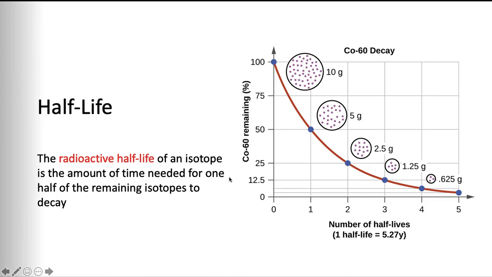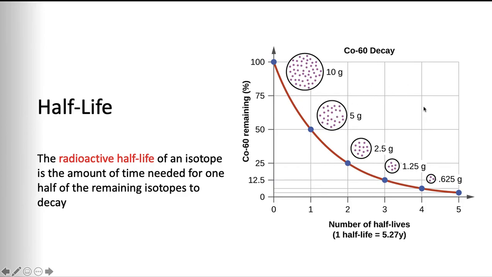So that is the time needed for half of the isotopes to decay. If I started out with 10 grams and 50% of that decayed, what I have left is 5 grams of the original cobalt-60.